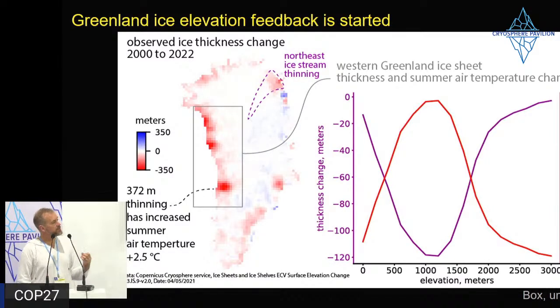So that means that the snow line elevation will be pushing up and exposing a wider area to darkening processes. That's an amplifying feedback. So this is only the elevation feedback, but there are other related feedbacks that can deliver the ice faster.